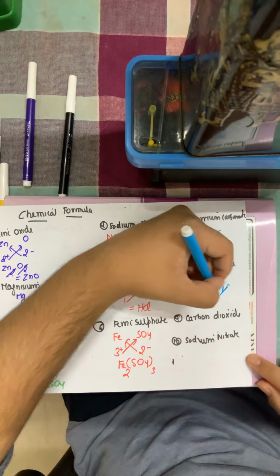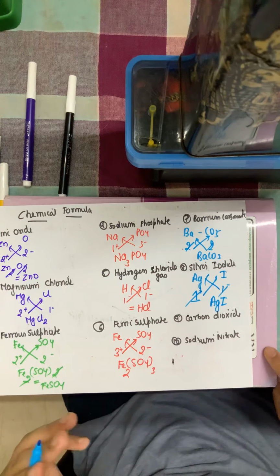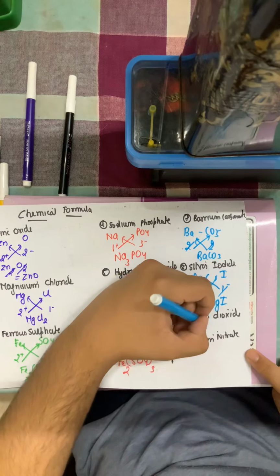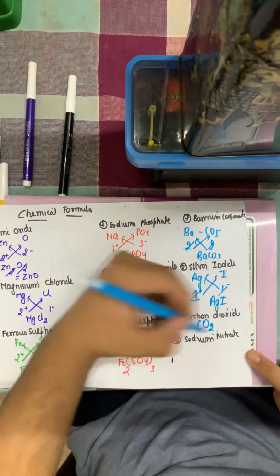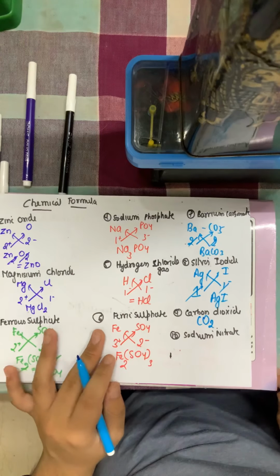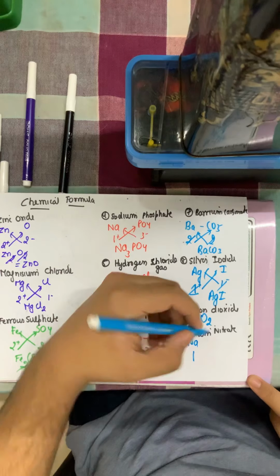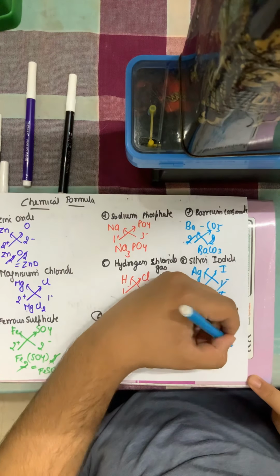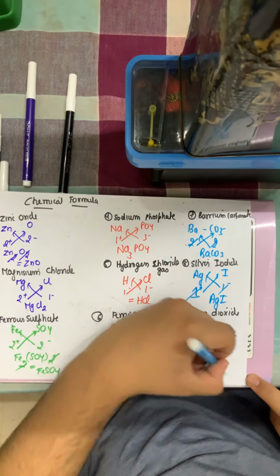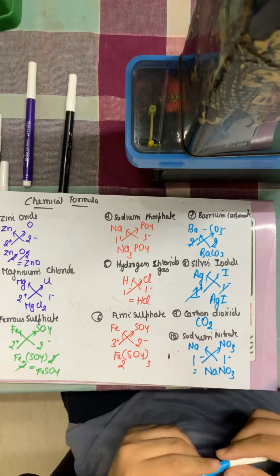Again 1, no need to write, so it becomes AgI, because the same valencies need not be written, they are cancelled. Similarly for carbon dioxide, we all know carbon dioxide is CO2. Same way. Now come to the next one, sodium nitrate. Sodium is Na1, nitrate is NO3 1. I cross multiply, NaNO3. Okay, because 1 is the same and 1 we don't need to write as well.